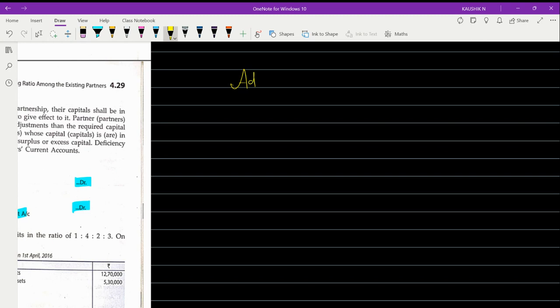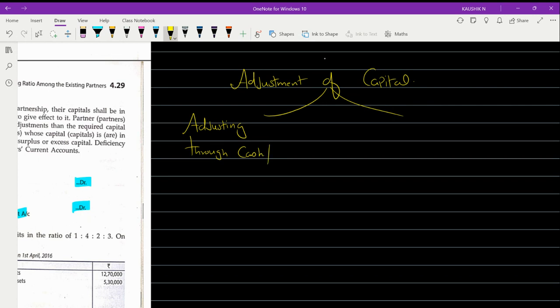Adjustment of capital. In this, we have two types. One, adjusting through cash or bank account.